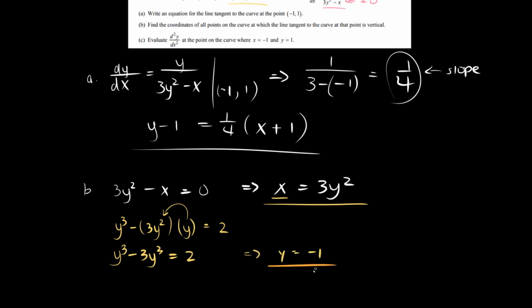Now that we know y is -1, we can find the other point on the curve by using this equation here. So let's evaluate y cubed minus xy equals 2 at y equals -1.